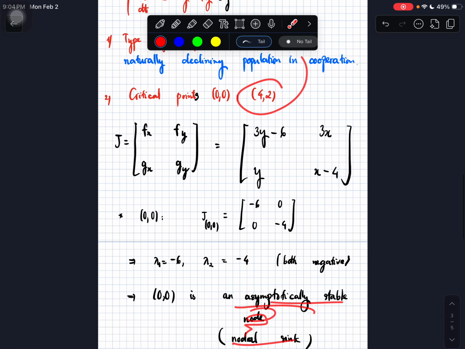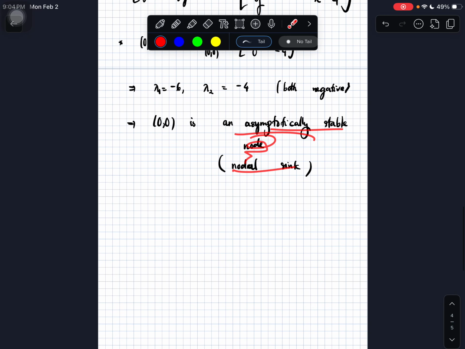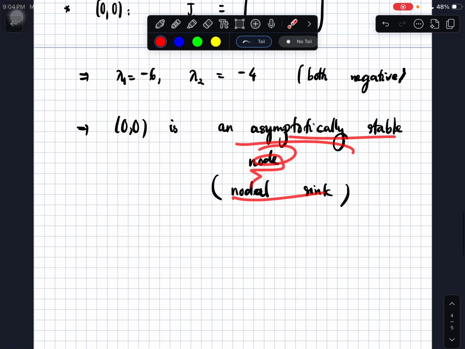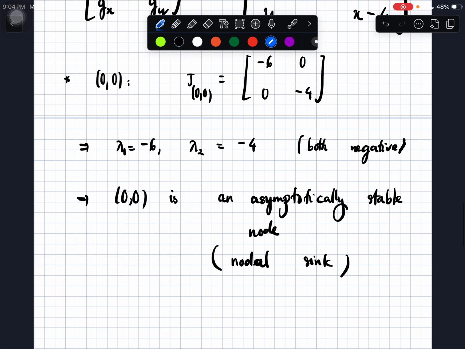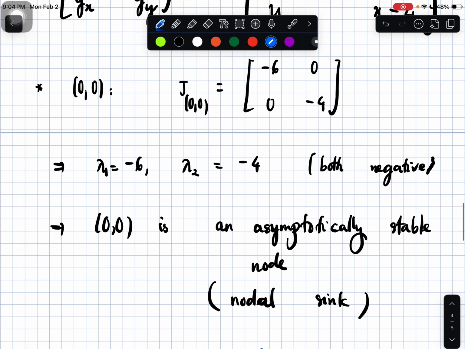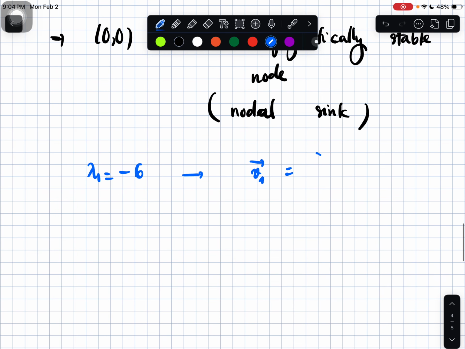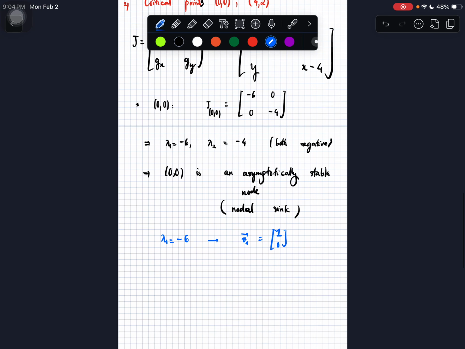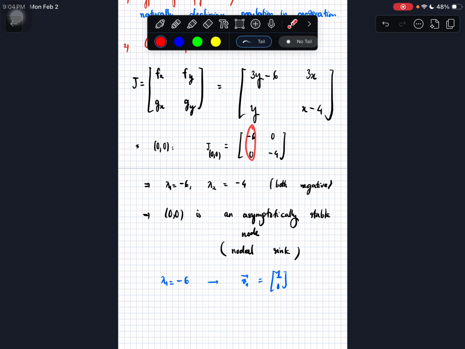Second, we have (4, 2). But first, let's find the eigenvectors at the origin. For lambda 1 equal to minus 6, we have v1 = (1, 0). This is a diagonal matrix, so we choose this one to be (1, 0).